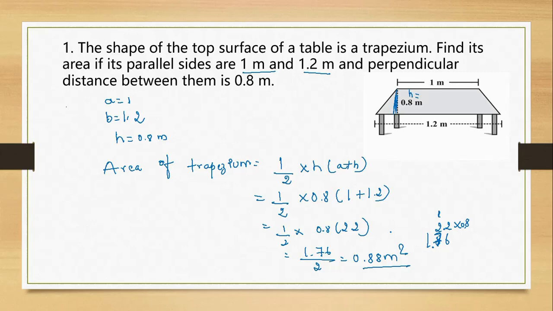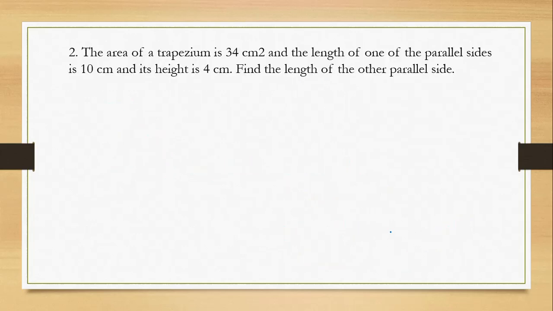So we move on to the next question. The next question is also based on the trapezium, but in this question they have already given the area of the trapezium, that is, area is equal to 34 centimeter square. Let us consider a trapezium. They have already given the area, and one of the parallel sides is 10 centimeter.